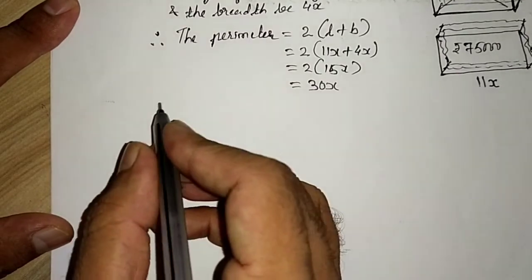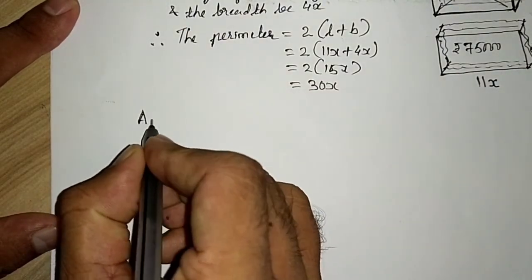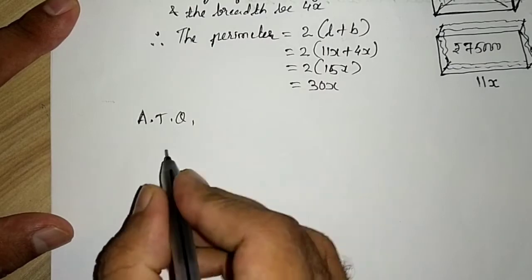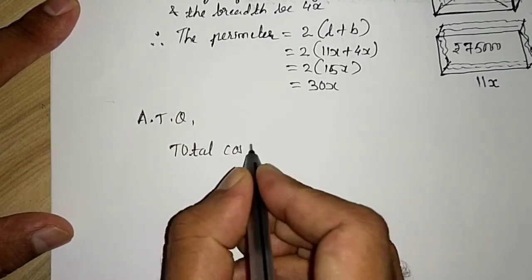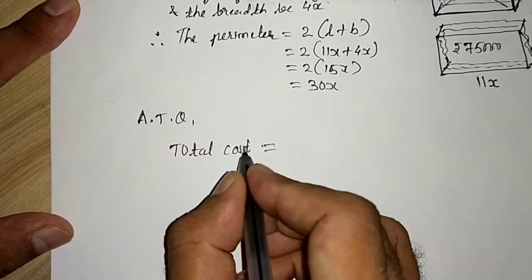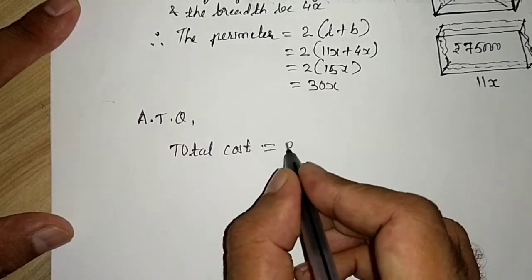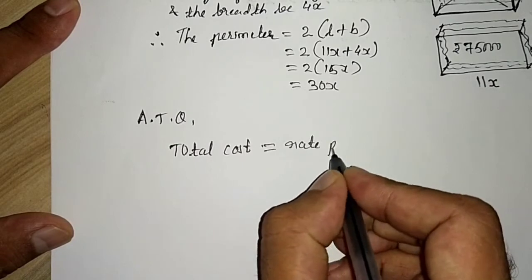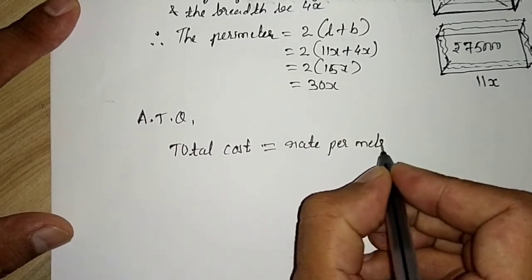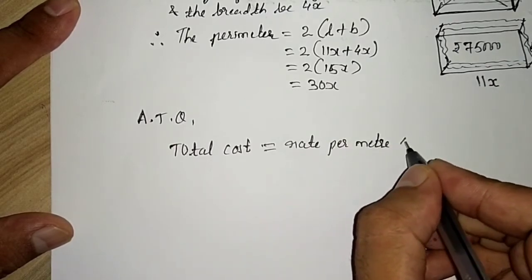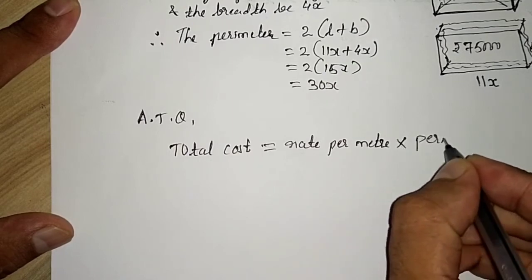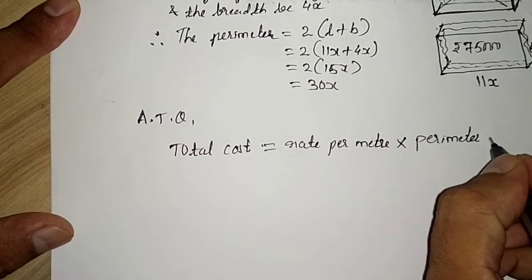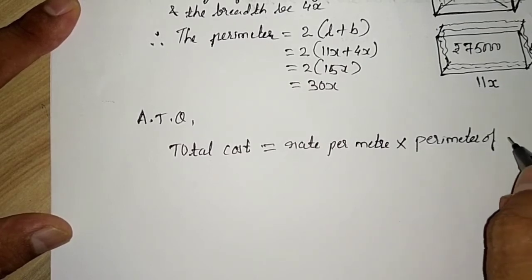Now students, according to the question, the formula for total cost is rate per meter into perimeter of the rectangle.